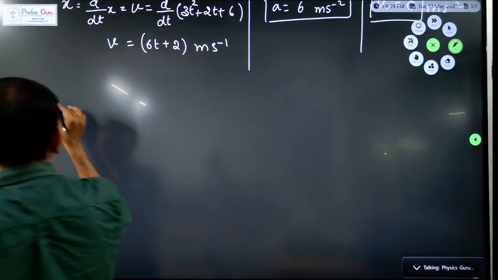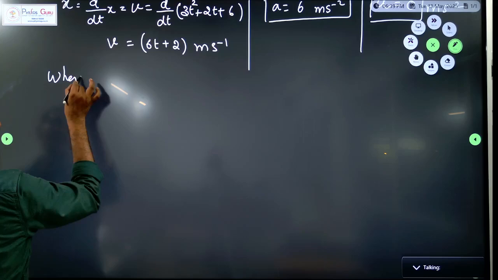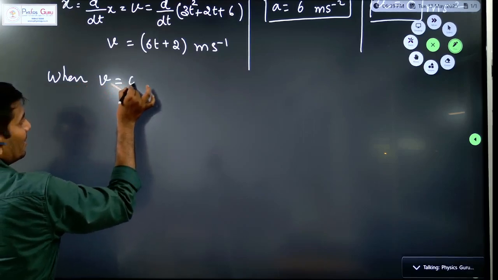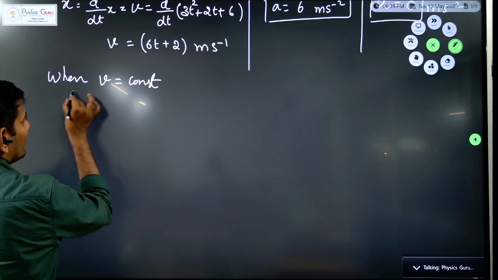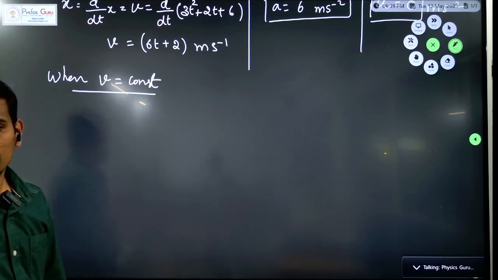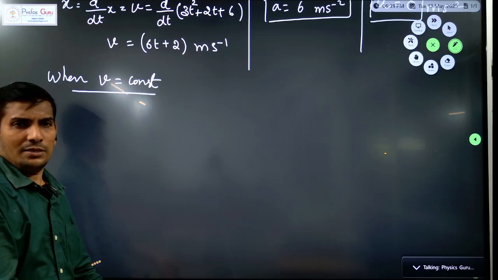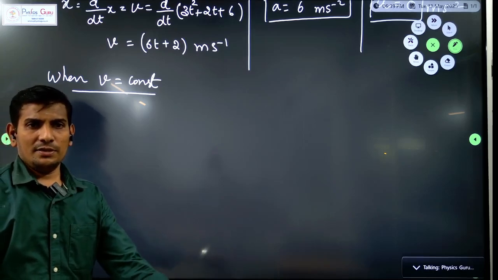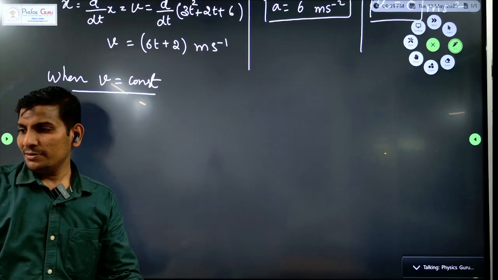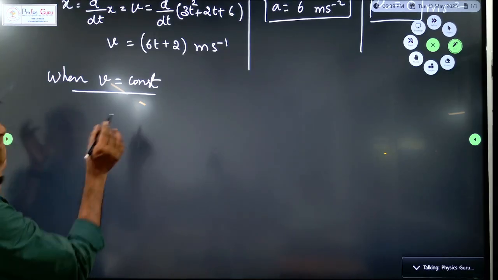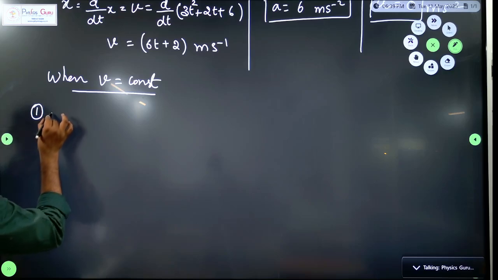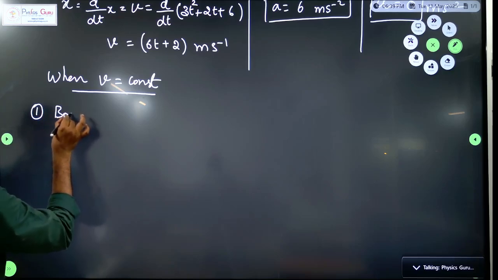When the velocity of a body is constant, then definitely the body is moving, because the body has got some velocity. If the body is at rest, definitely it cannot have velocity. It is moving. So the first inference is that the body is moving.